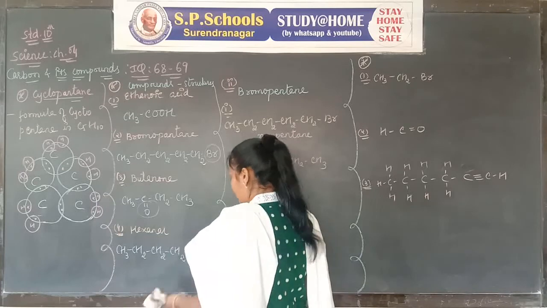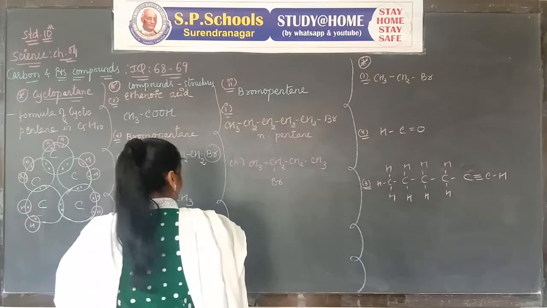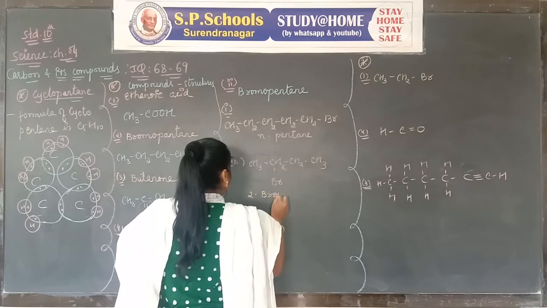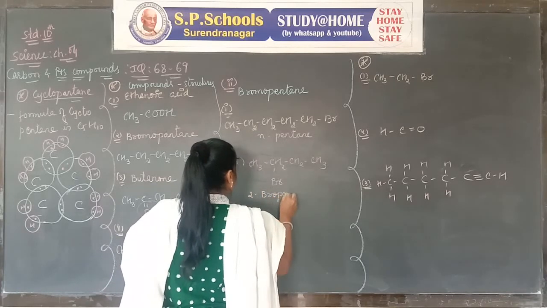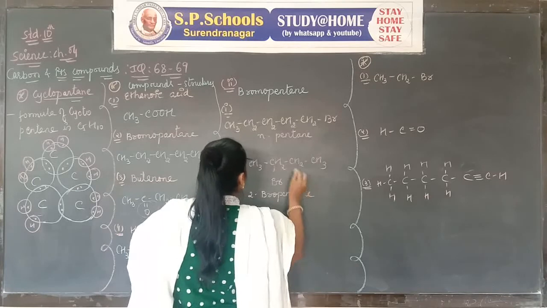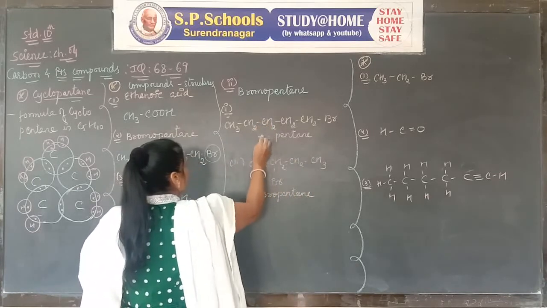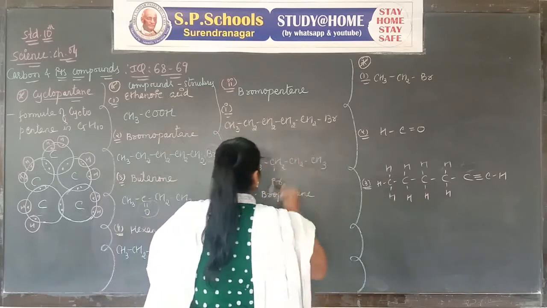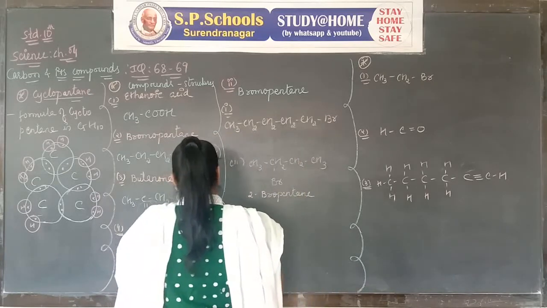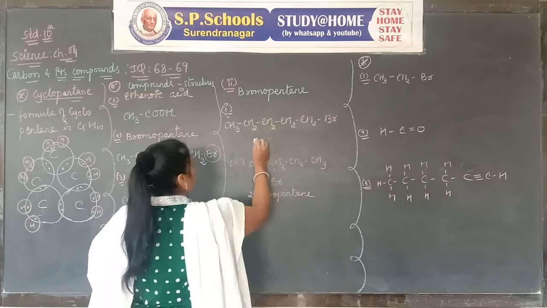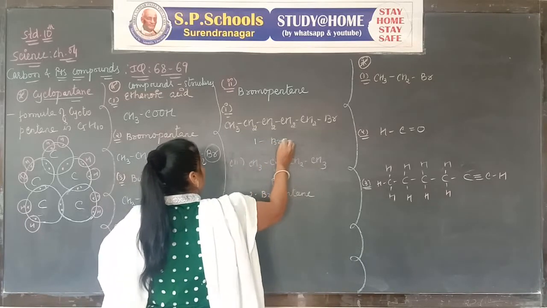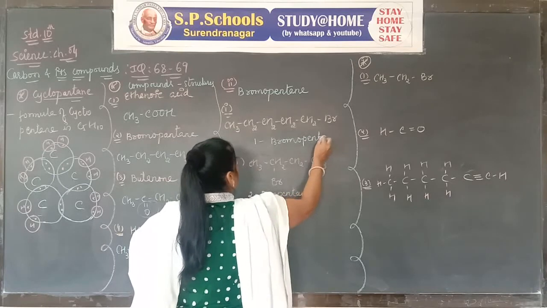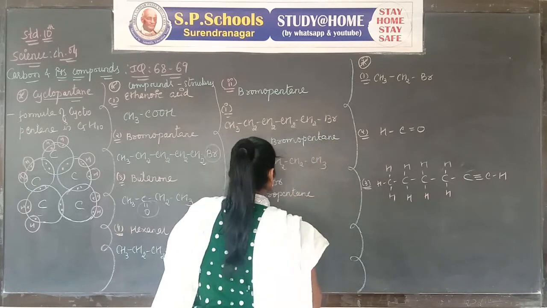So we write it 2-bromopentane. You have to write 1-bromopentane for the normal pentane.